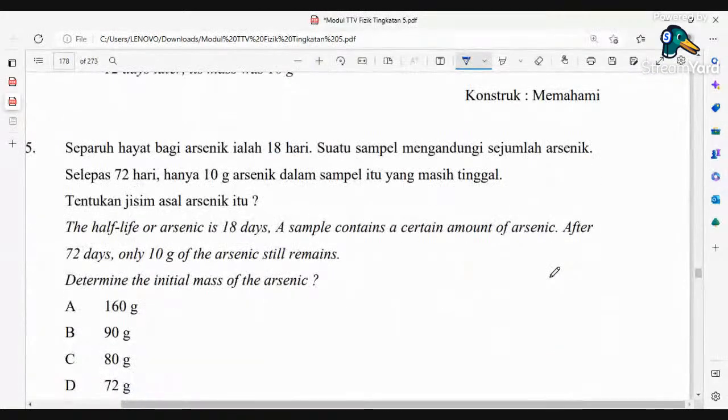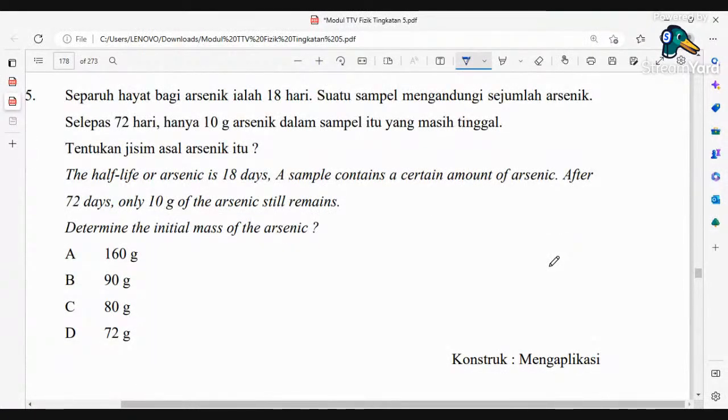Okay. Number 5, half-life of arsenic 18 days. A sample contains an amount of arsenic. After 72 days, only 10 gram of arsenic remains. Determine the initial mass.